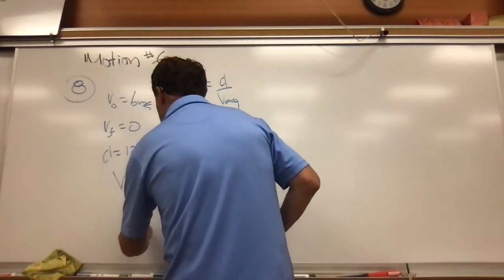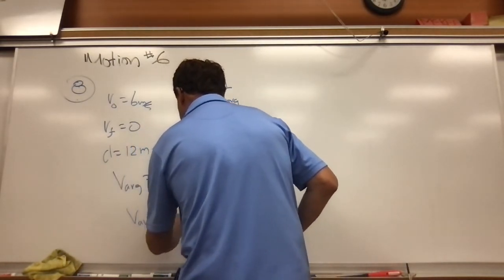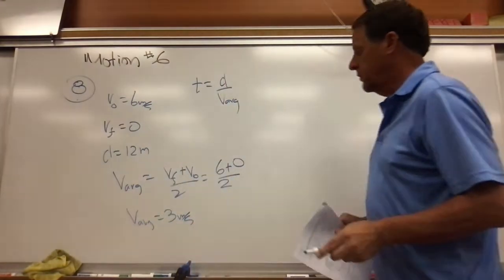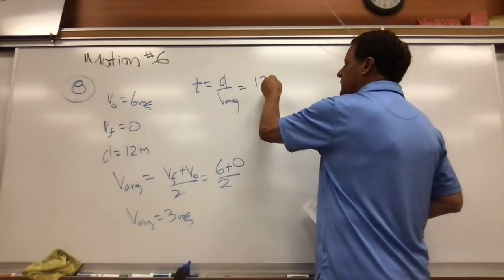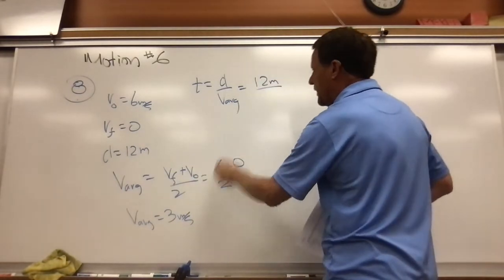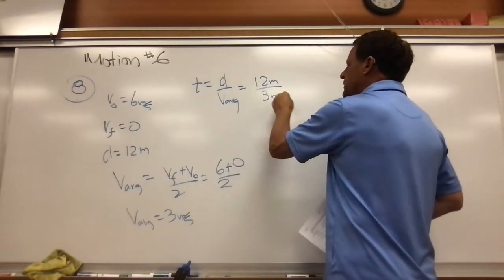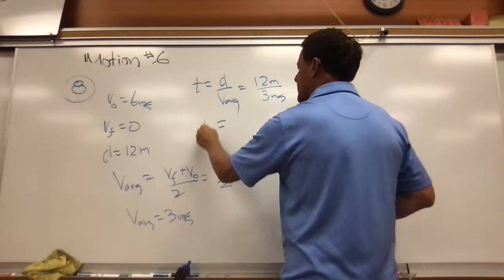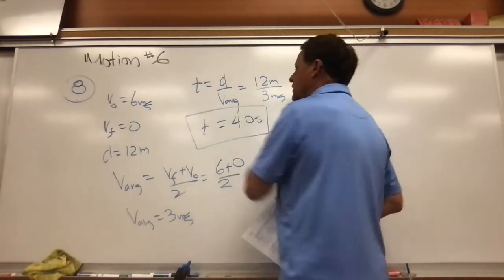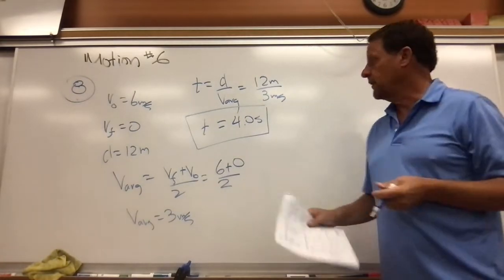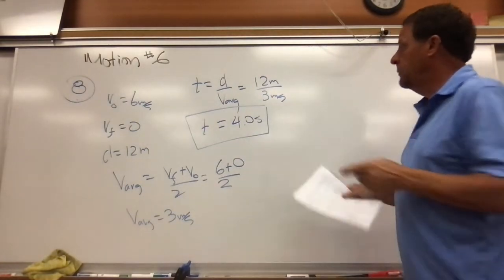So our average velocity is 3 meters per second, okay? So now we can cover a distance of 12 meters at an average velocity of 3 meters per second, and that's going to give us a time that's equal to 4 seconds.